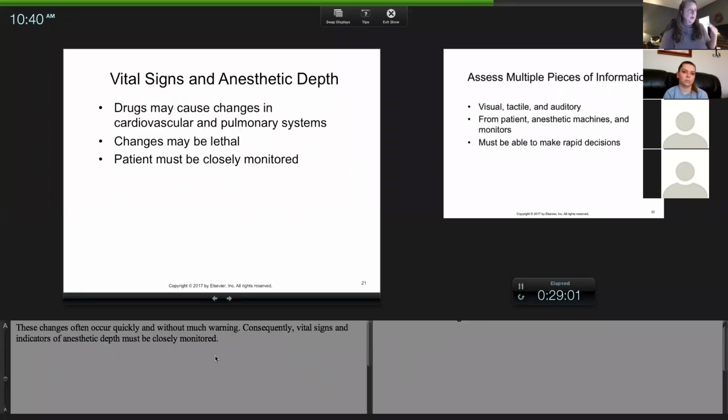And then again, checking any changes in cardiovascular. Anesthetic agents, first off, affect the central nervous system. They depress the CNS, so we're taking away their level of consciousness. But most of the drugs alter their cardiovascular and respiratory function.